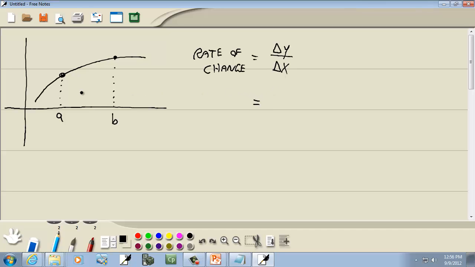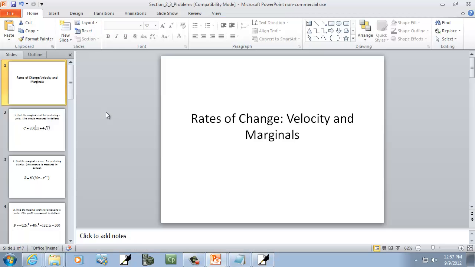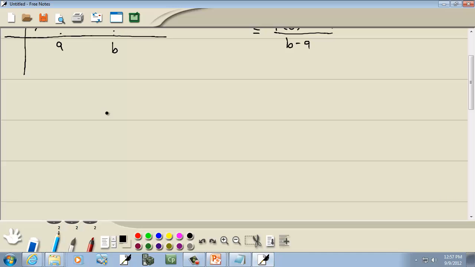You know, our average rate of change would be f of b minus f of a over b minus a, assuming this is f of x. So that's just our formula. Nothing exciting about it. That's the algebra way. Well, we're going to be looking at the calculus way of finding the rate of change. So let's take a look at our first problem and talk about it.